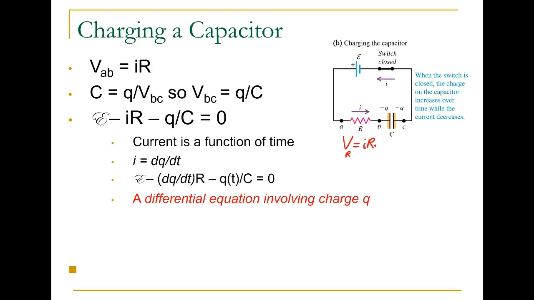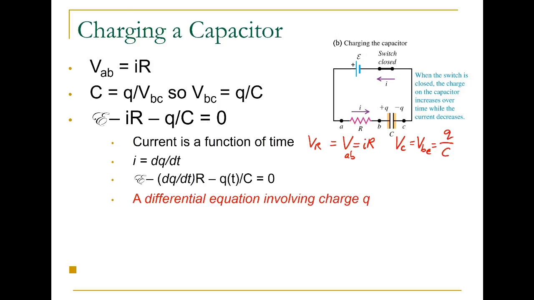We'll write that as V resistor. You could also write it as V_AB. Either one is okay. And then V capacitor, which is V from B to C. Unfortunately, the C is for capacitor and the other C is for point C. But that is Q over C.